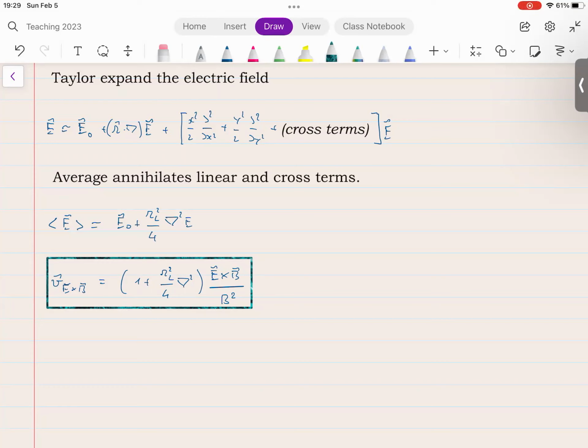Now, the interesting result here is that for this drift, the E cross B drift, the FLR effects come in to second order in the Larmor radius. But those are going to be pretty small. The second derivatives that are in my del square are going to be over scale lengths that are much longer than the Larmor radius.